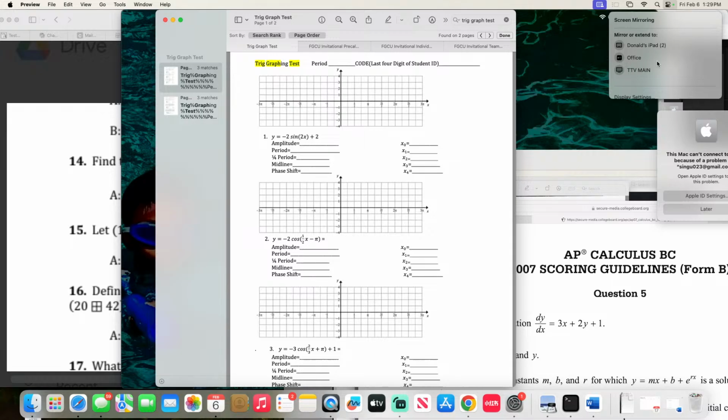Now the asymptote. A lot of people say they don't know how to do the asymptote. We're going to talk about a lot of asymptotes today. So this is going to be 3 pi over 8, right? Your asymptote is going to be 3 pi over 8 plus half of the period.